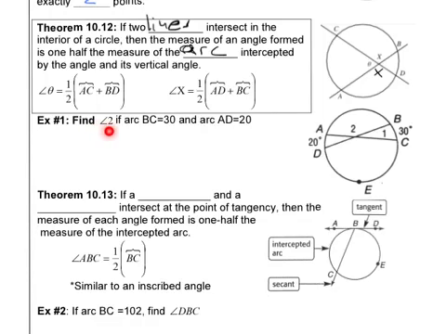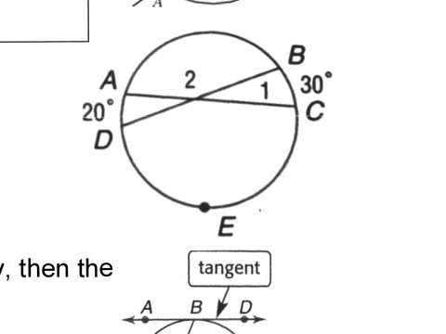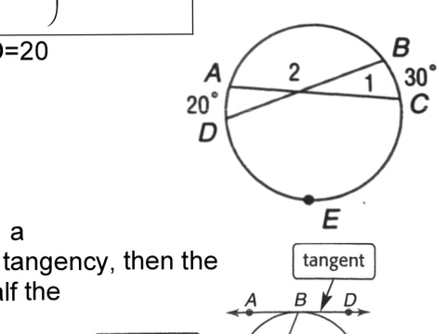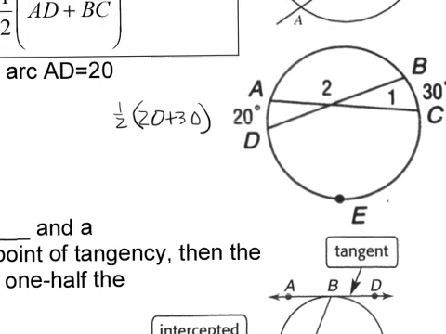Let's take a look at this one. It says, find angle 2 if arc BC is 30 and arc AD is 20. All right, let's take a look. We'll zoom in, see what we can figure out. All right, well, I have two arcs here, and I have angle 1, and this is also going to be equivalent to angle 1. Well, these two arcs are 20 and 30, so the formula says I add 20 and 30 together, I multiply by 1/2 or divide by 2, it's the same thing, and that should equal the angle created there.